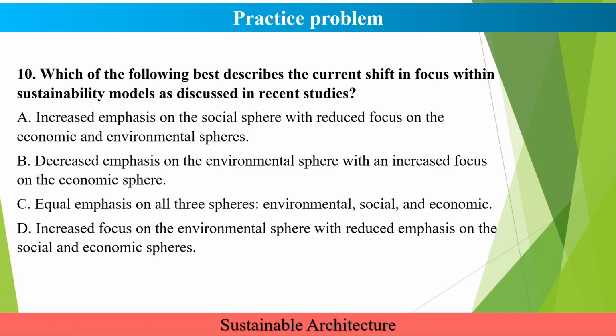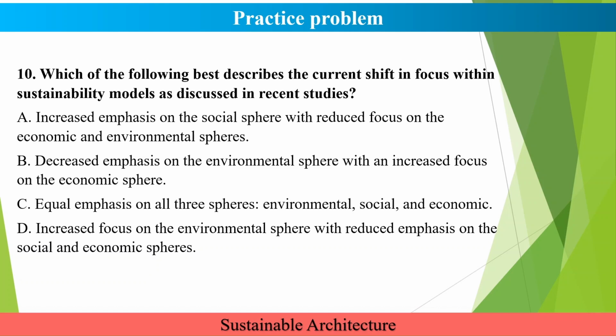In the current shift within our sustainability models, we have found that there is decreased emphasis on the environmental sphere with increased focus on the economic sphere. So option B is the correct answer for question number 10.